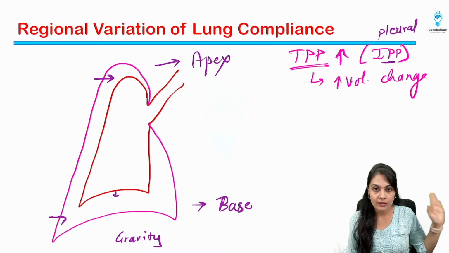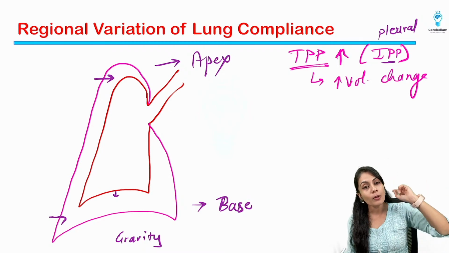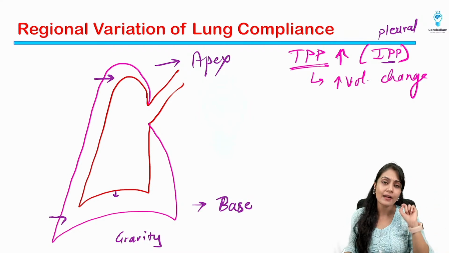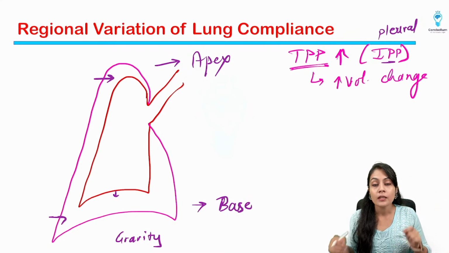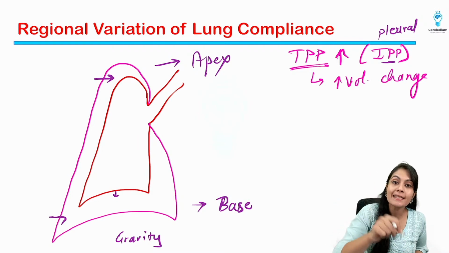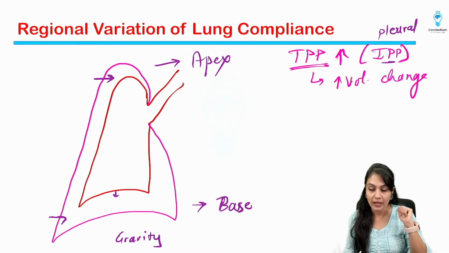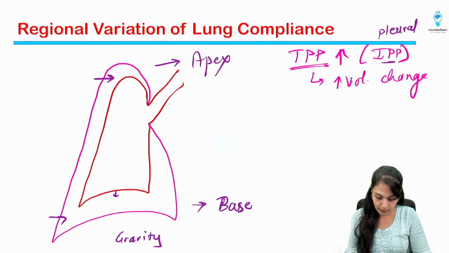That is the normal physics. We know that from childhood, right? So if I talk about the apex and the base, yes, there are going to be differences. The base is going to have a more IPP, more meaning less negative IPP as compared to the apex, right?